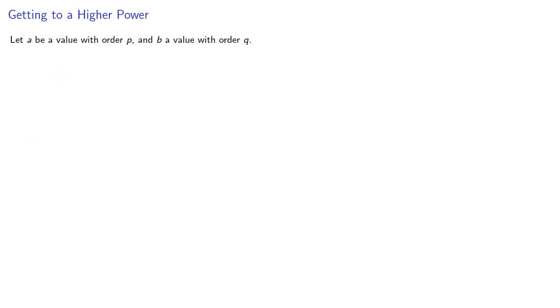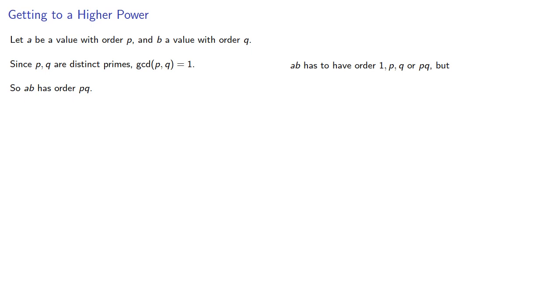So let a be a value with order p, and b a value with order q. Since p and q are distinct primes, the greatest common divisor of p and q is 1, so the product ab must have order pq. And again, ab has to have order 1, p, q, or pq, but it can't have order p because if we find ab to the p we get b to the p, which can't be 1.